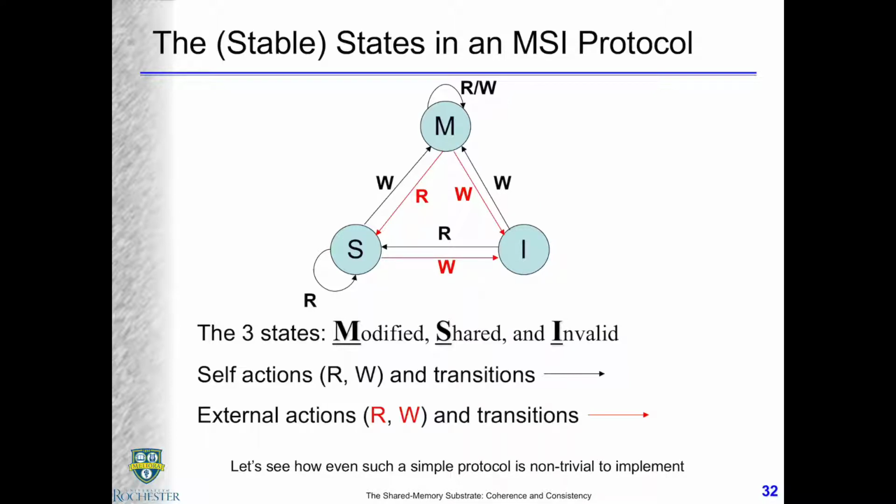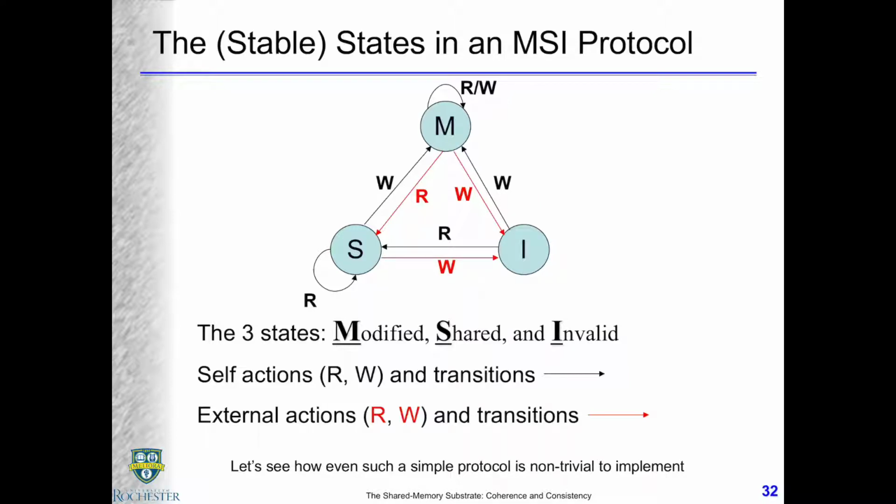We need to have states associated with the cache line. If there are multiple copies of the cache line in the system, we know that. And therefore, when we want to write, we cannot just go ahead and write, we have to invalidate. On the other hand, if we did invalidate other lines in the system and someone else is reading, we need to intervene. So we need states to make that happen.